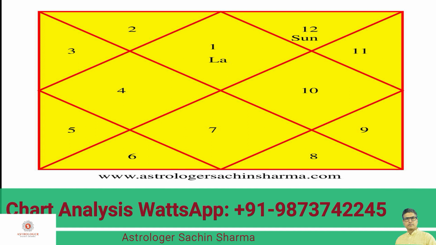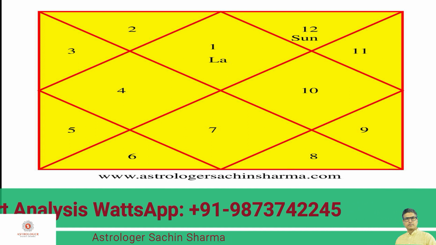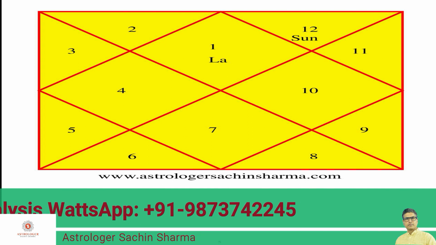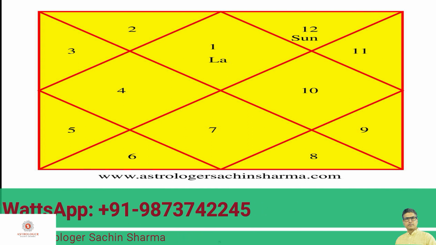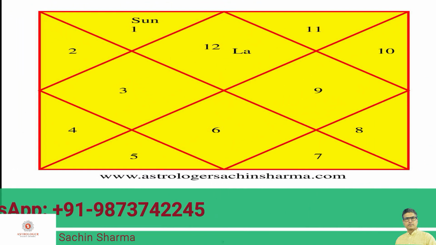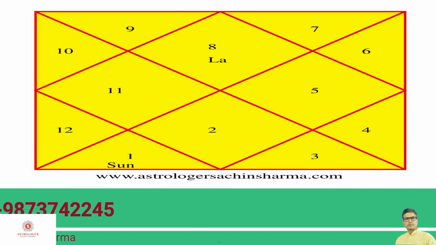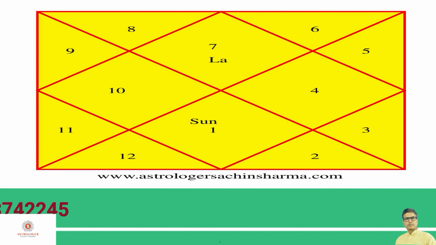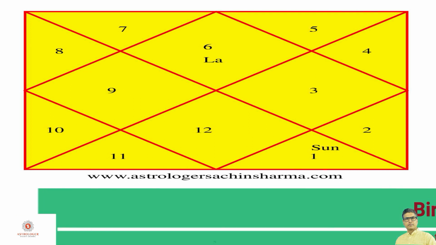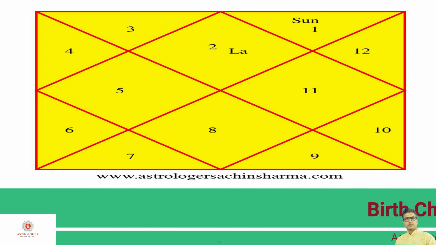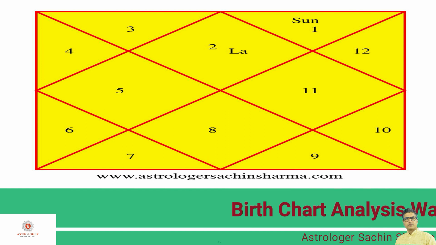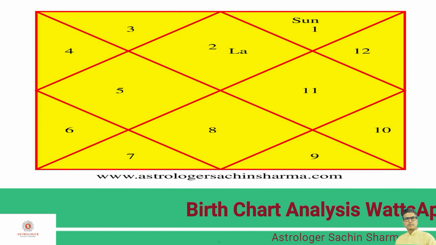That means if Sun is placed in number 1 sign, that means Aries sign, in these houses, that means if Sun is placed in the second house where number 1 is written, or in the third house, or sixth house, or seventh house, or eighth house, or 12th house where number 1 is written, it will give you problems, it will give you negative results, as it is going to increase the impact of that particular house.